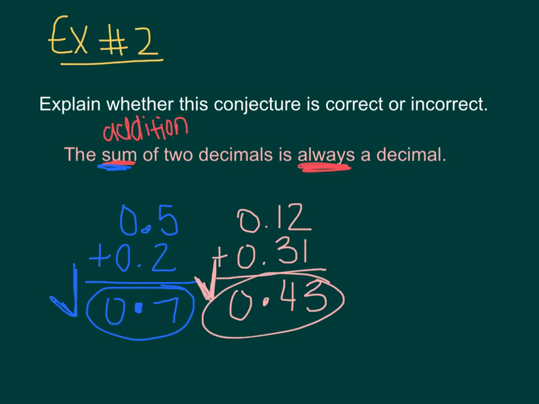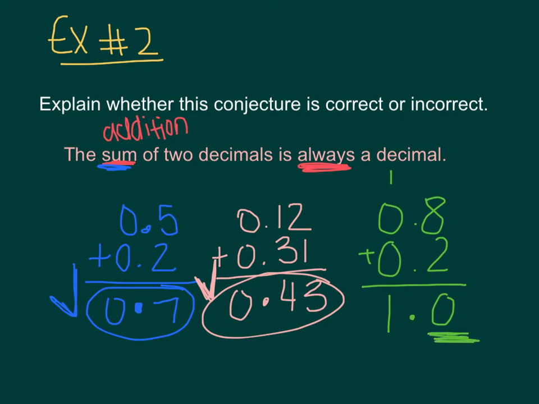And let's do one more just to be sure. If we have 8/10 plus 2/10, and we bring that decimal down and we add like normal, we would get 1 0/10. Now if I just have a 0 over here in my decimal and I have no other numbers, that has no value at all.